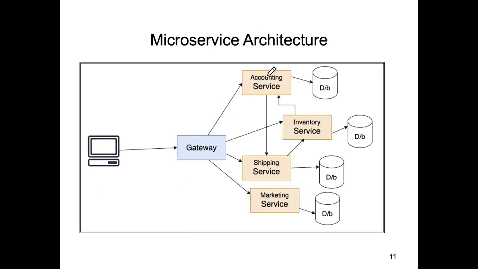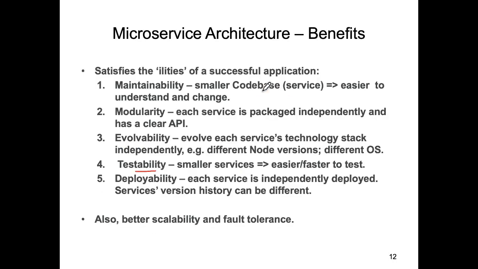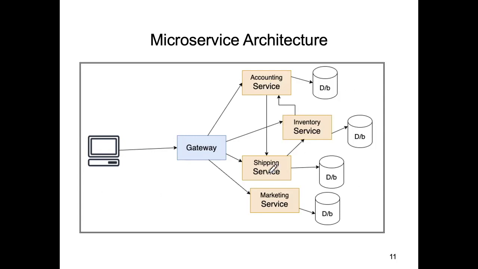Each service now can scale up without having to scale up the other services. And the fault tolerance: if for whatever reason this service here is out of action, that doesn't impact requests coming in for the other services. Whereas in the monolithic approach, if one particular module threw an exception and crashed the application, the entire application is down.